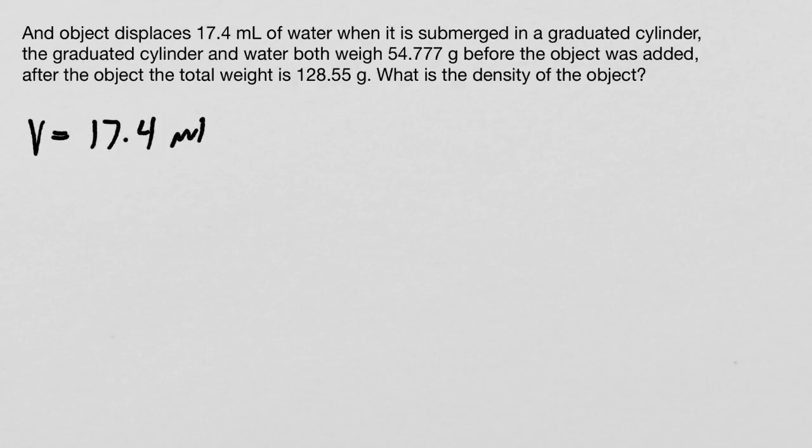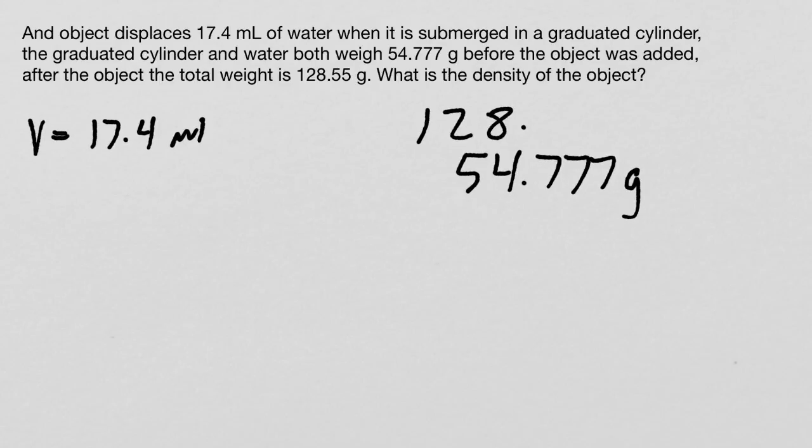Now it says that the graduated cylinder and the water weighed 54.777 grams before the object was added, and that after the object was added, the weight of everything together was 128.55. And so here is our mass information.